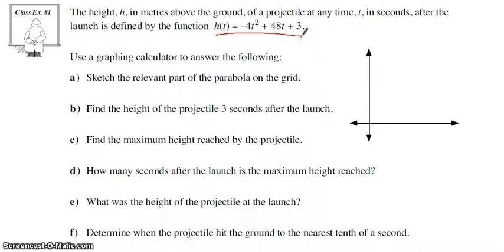So example number 1, the height in meters above the ground of a projectile at any time after launch is defined by this function. All right, so what are the two variables? Time against height. So when you throw something, it says a projectile, so it's a physics application question.